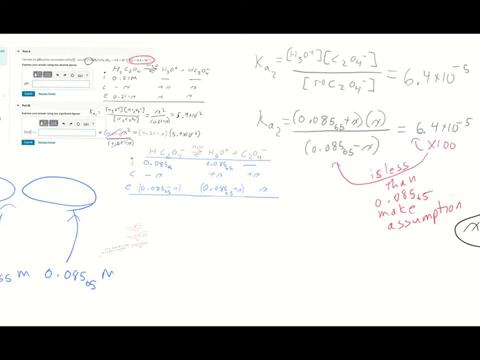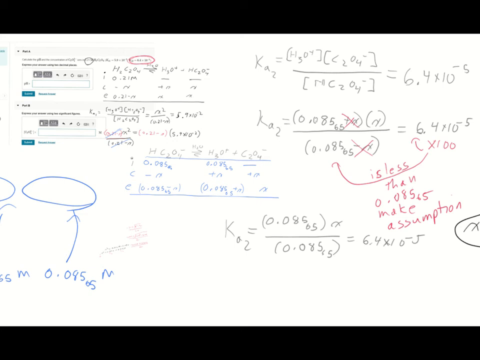Subtracting x won't significantly affect the value. Neither will the adding of the x. All right. So that gives us 0.08565 times x over 0.08565 equals 6.4 times 10 to the negative fifth.